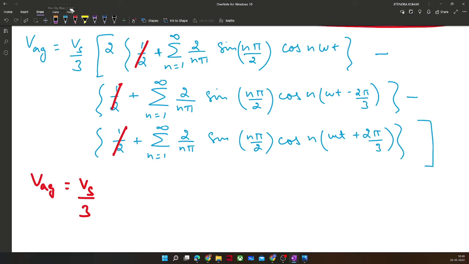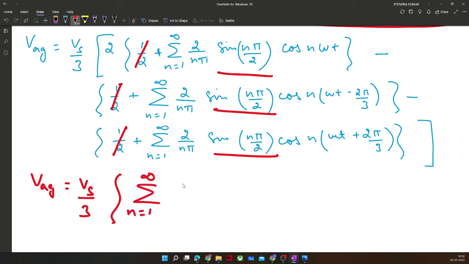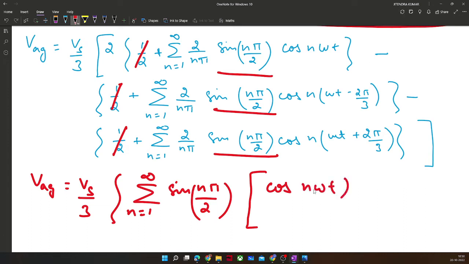After taking it common, whatever will be there is just 3 cosine functions, nothing else.